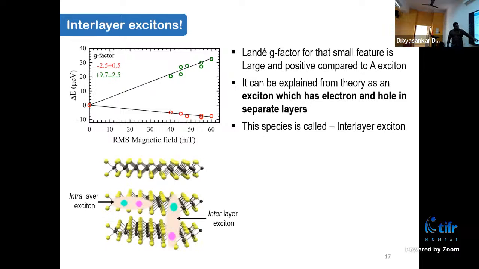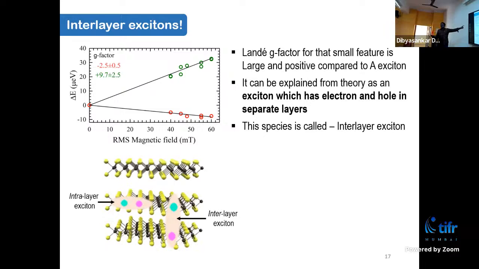But if we consider the electron in one layer and the hole in the other layer, this is also a possible case. They will form an exciton, and this is called an interlayer exciton. For this interlayer species, the theory says the value should be positive and large.